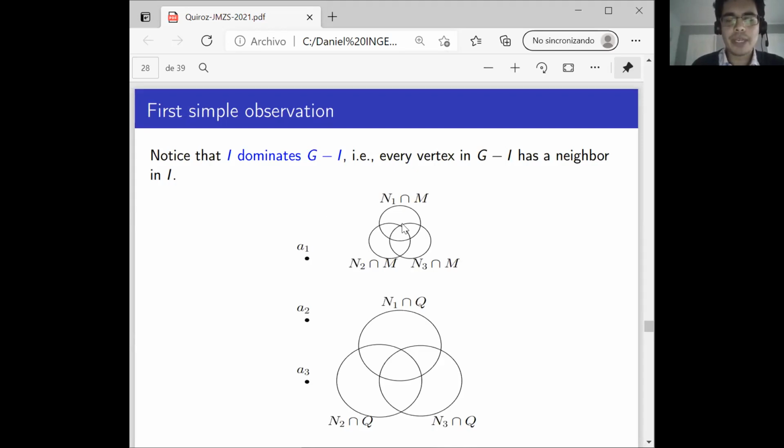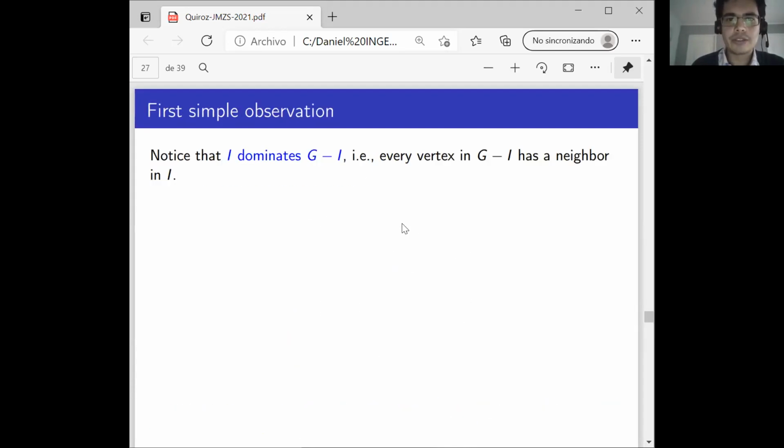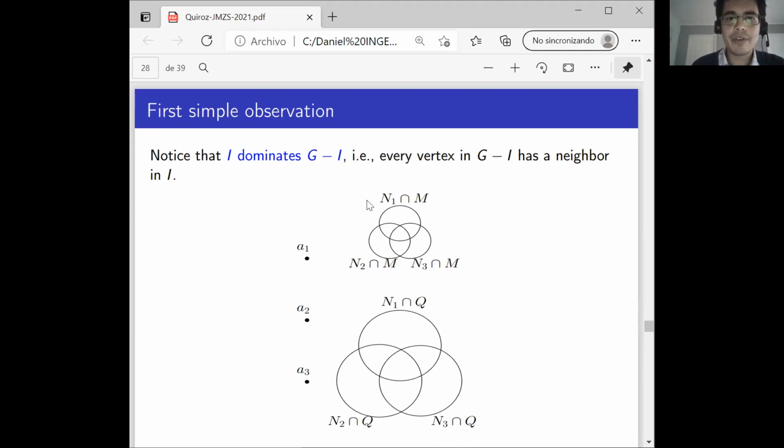So every one of M is either in the neighborhood of A1, or of A2, or of A3, and there's nothing else in M. And the same for Q.